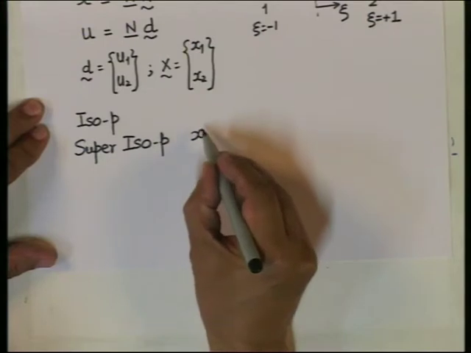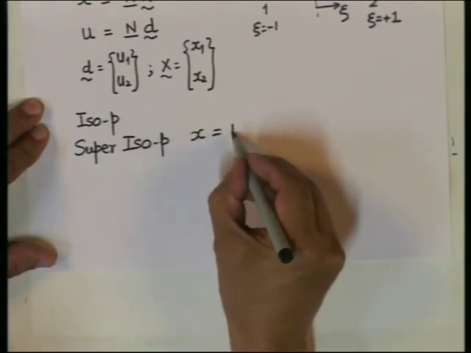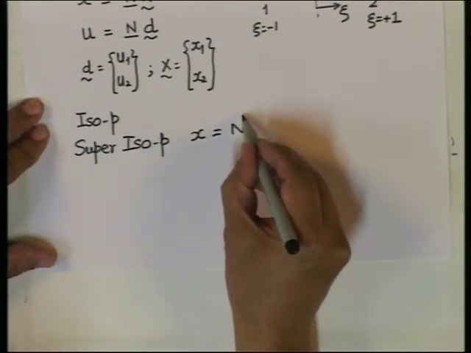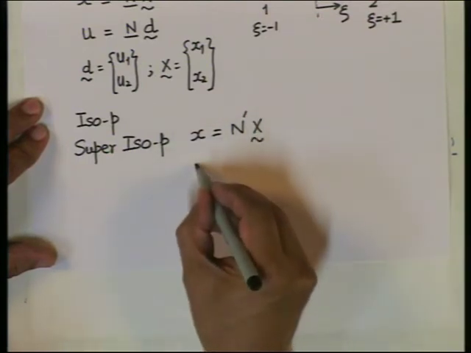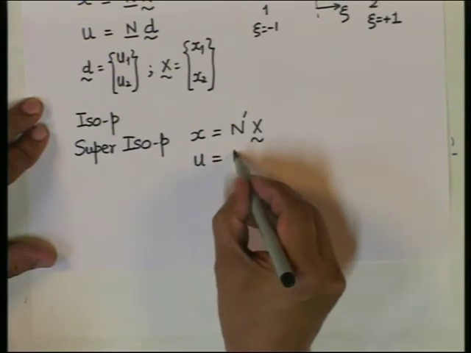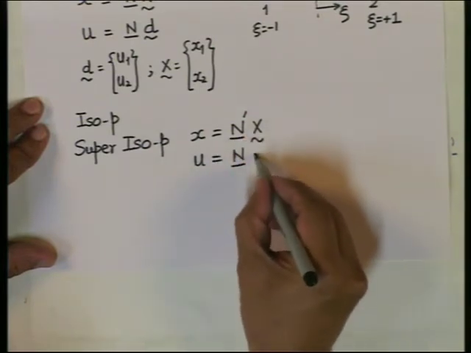So, in order to represent that geometry, you will be using a higher degree polynomial in N. So if N is of higher degree, that means x is not equal to N times x but some N dash times x, and u is N times d.